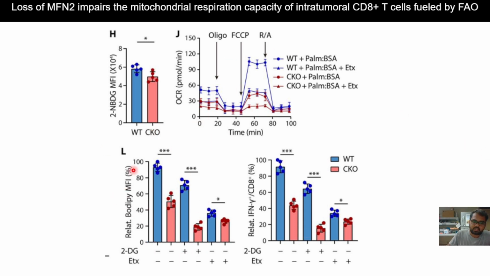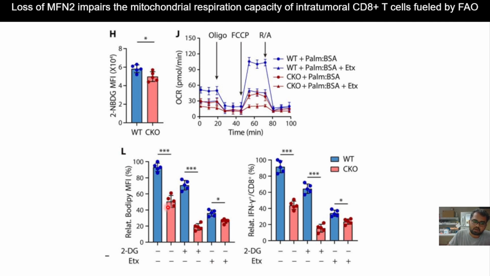You can see here the BODIPY MFI, which suggests that total overall lipid accumulation is decreased in these CD8 T cells. When they gave 2DG, which is 2-deoxyglucose, which basically inhibits glycolysis, in the wild type there is a decrease in the total lipid content, and when the CPT was given, there is a drastic decrease in this lipid content.